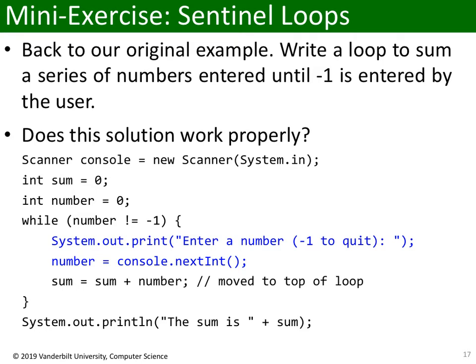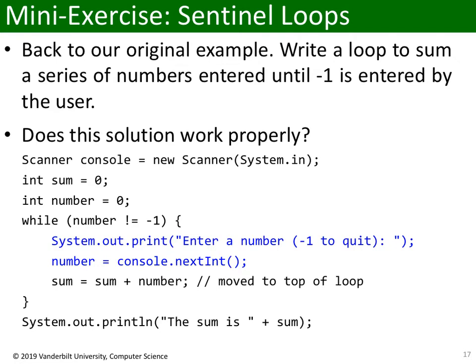So let's look and see if there's a number of operations here that is mismatched. We want to get how many numbers from the user? Let's say that's n. So we want to get n numbers from the user. But we only want to sum n minus 1, because the last number that the user types in is going to be -1, and we don't want to sum -1 with the rest of those numbers that they typed.